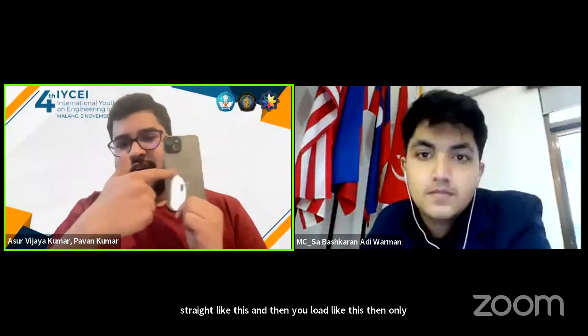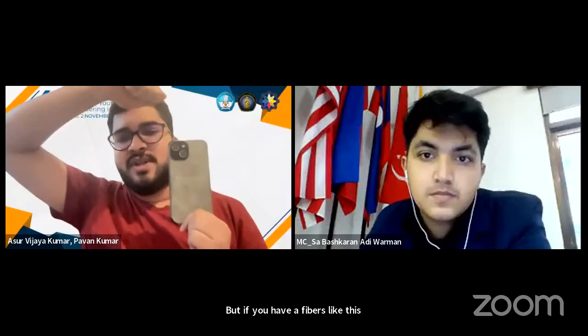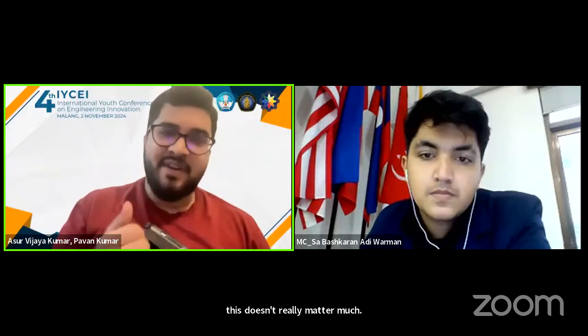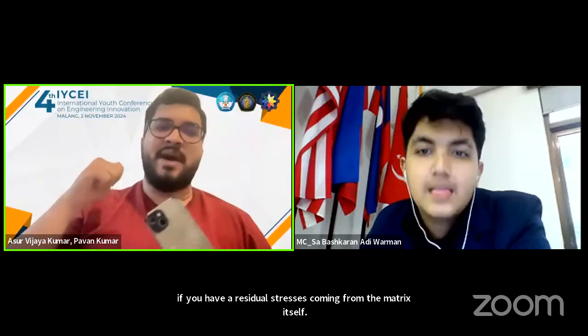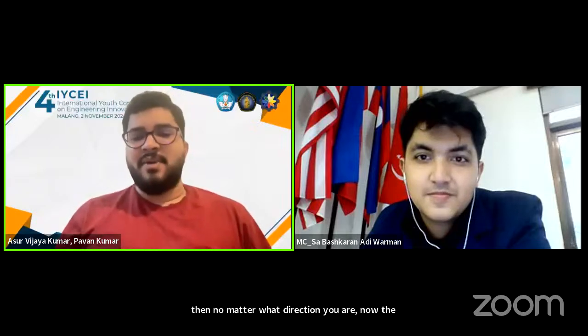But if you have fibers like this and you load like this, the residual stresses don't really matter much. But if you have residual stresses coming from the matrix itself, then no matter what direction you are in, the residual stresses matter a lot to you. So again, it depends from material to material.